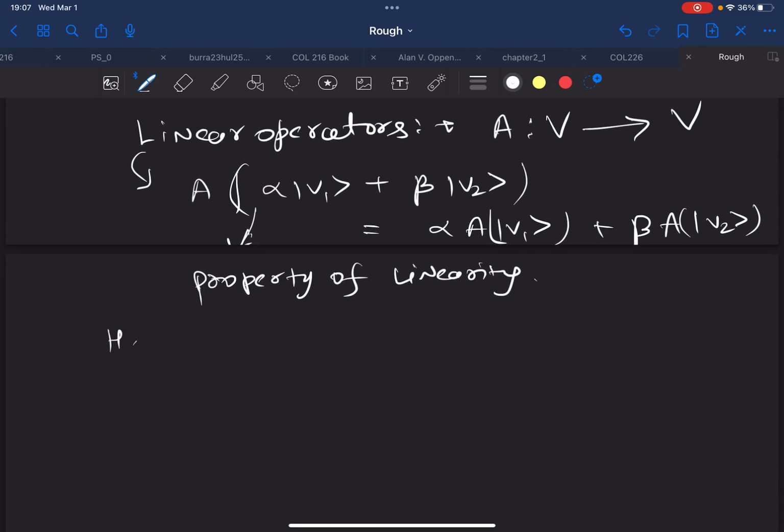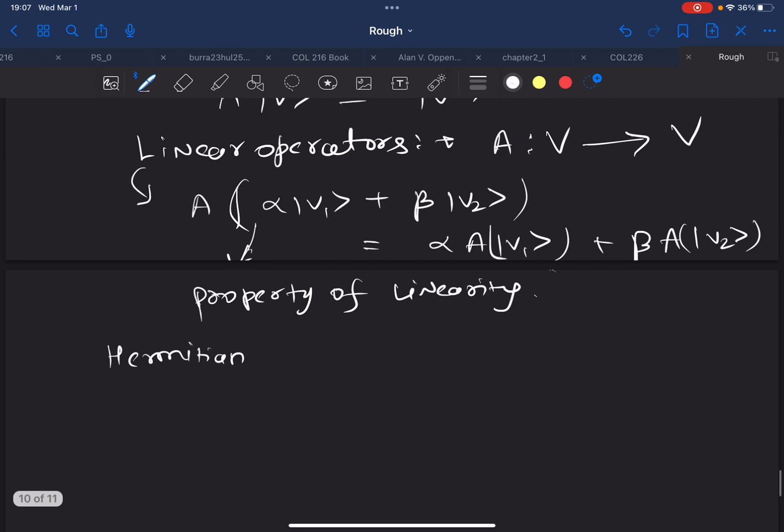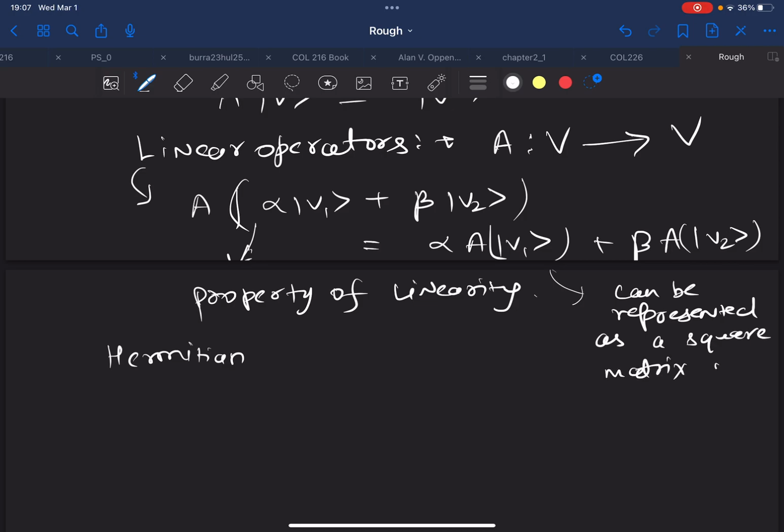We are going to deal with linear operators, and among these we are mainly concerned about Hermitian operators. The reason we are dealing with linear operators is because a linear operator can be represented as a square matrix of dimensions n by n.